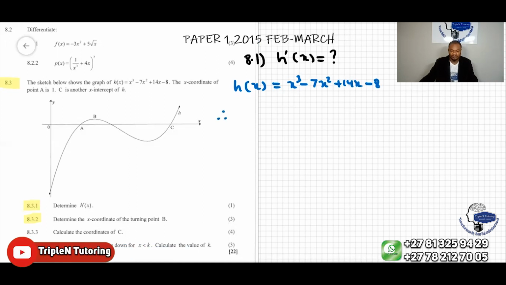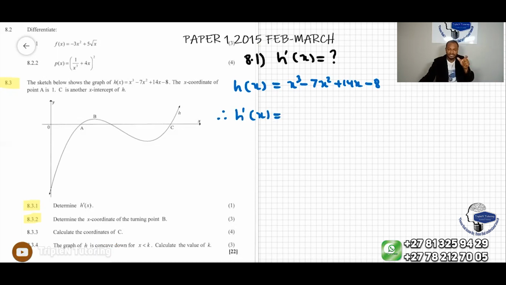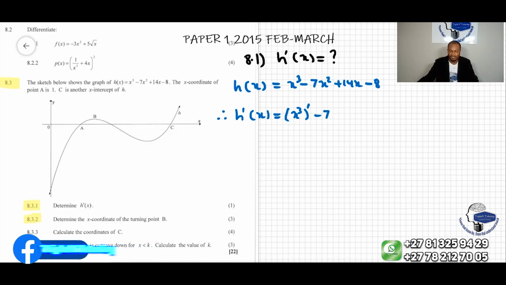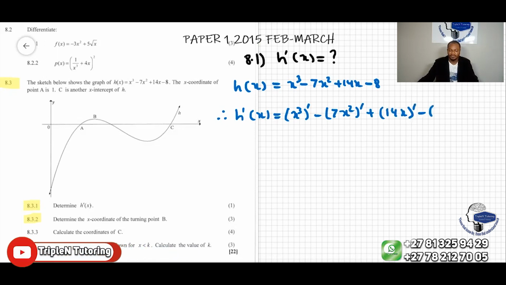Therefore, h prime of x will be, we're going to differentiate each term of h, so that makes the derivative of x cubed, minus the derivative of 7x squared, plus the derivative of 14x, minus the derivative of 8.